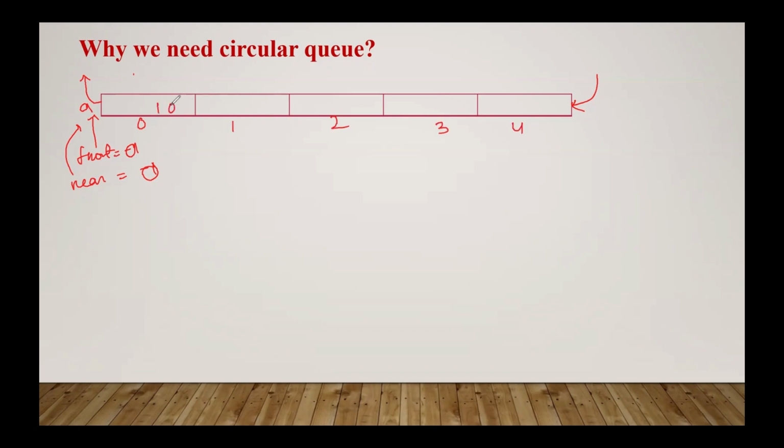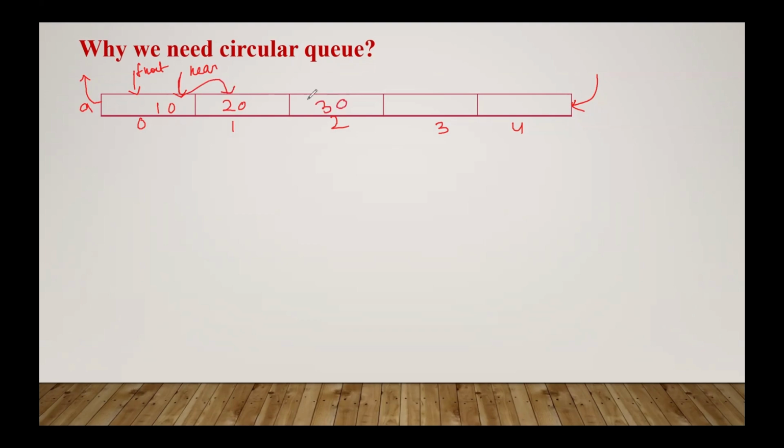We store the value here. Whenever we insert the first element, both front and rear point to it. Then we insert another element, 20. Now rear points to this one.